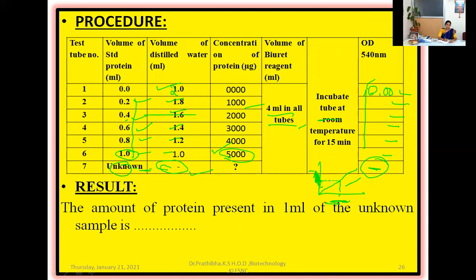Then the amount of protein present in the unknown sample is calculated and checked based on the standard graph. Then whatever concentration you got, you write in the result: the amount of protein present in 1 ml of the sample is this much.